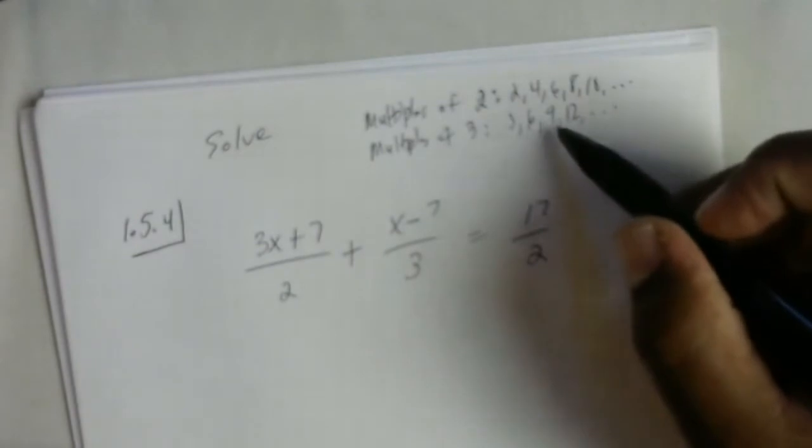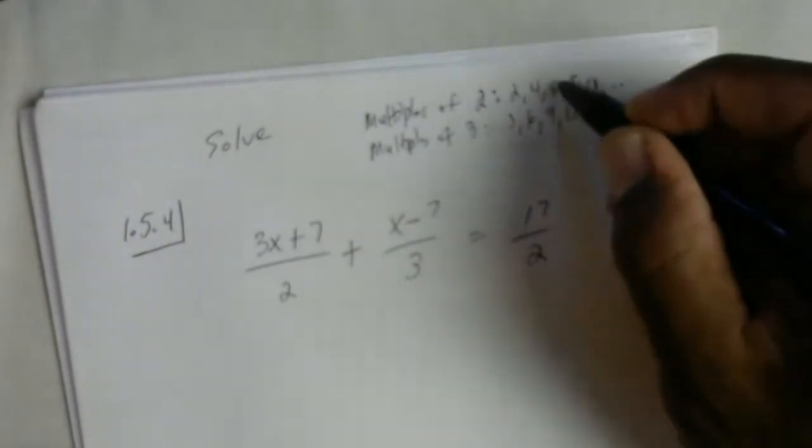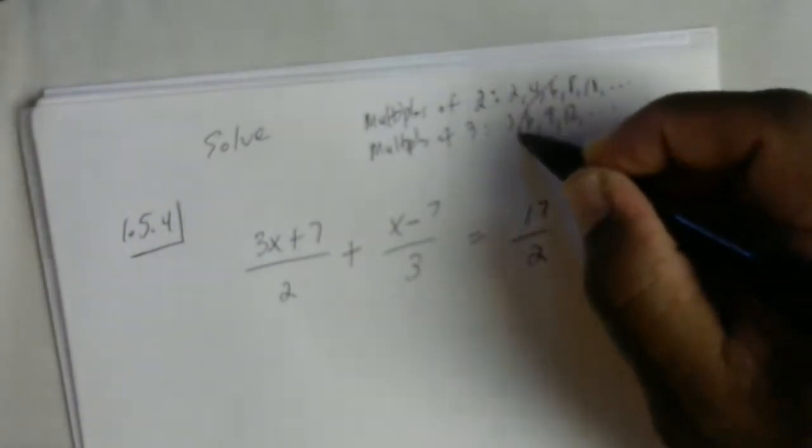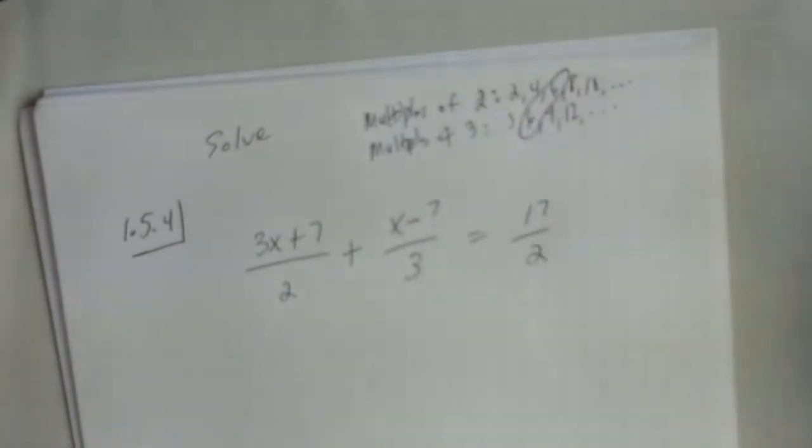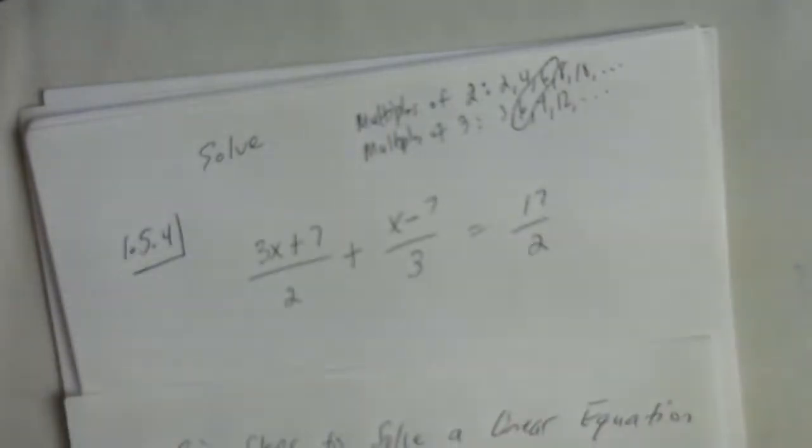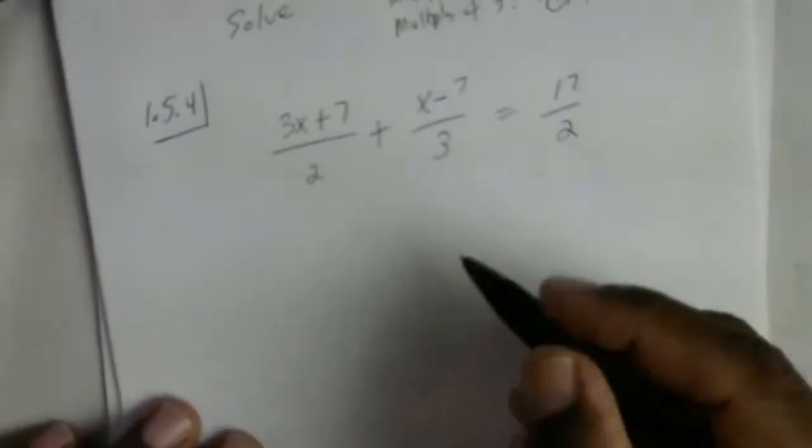If I look at my multiples, the least common multiple between 2 and 3 would be 6, which is the same as the least common denominator. So if I go back to our first step, it says to remove the fractions. We're going to multiply both sides of the equation by our least common denominator or least common multiple, which is 6. So I'm going to write that out.